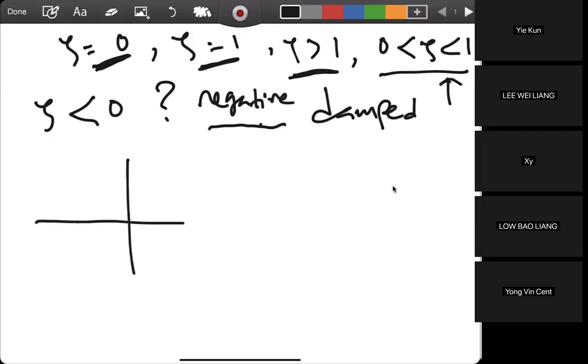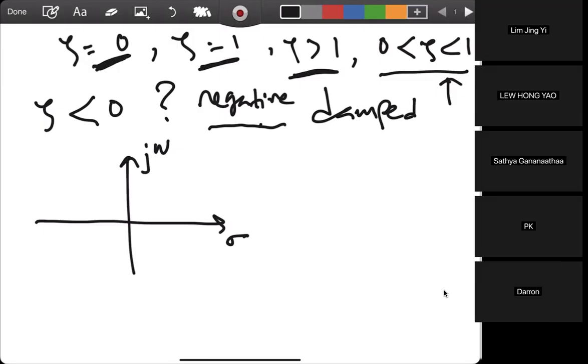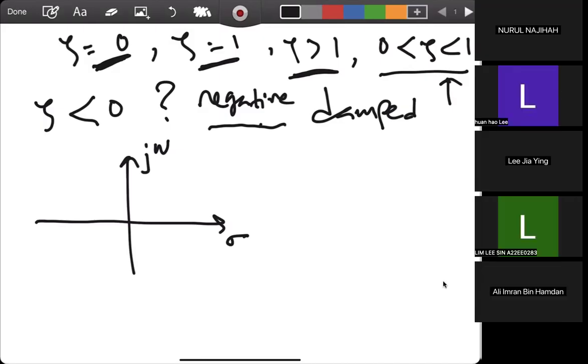So the location of the poles for negative damping. Student: Negative imaginary.